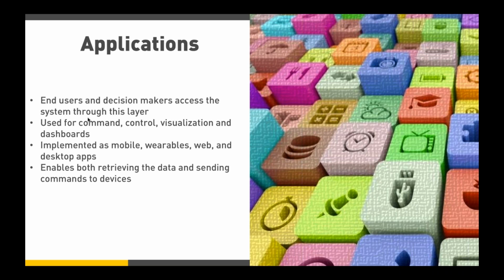And of course, web applications, desktop applications, and even television-based applications can be used to send commands to the devices. So bottom line, the application tier is used for retrieving and visualizing the data and sending commands to the connected devices. So that is the big picture of the Internet of Things architecture.